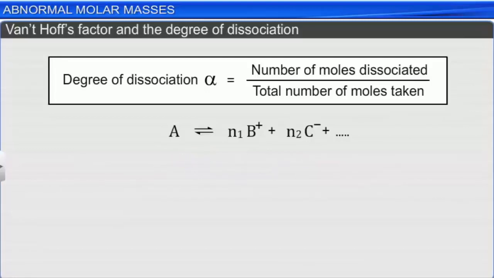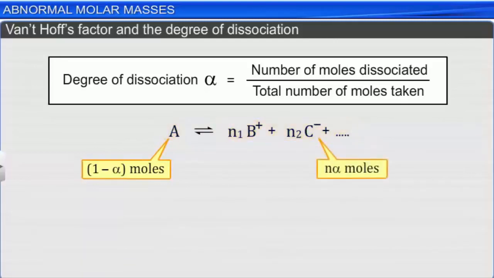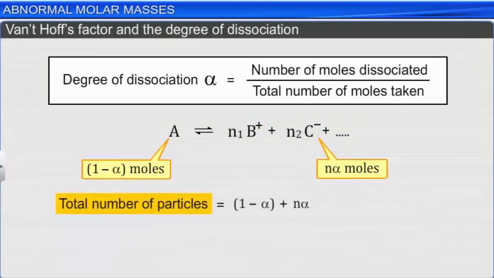If we start with 1 mole of the solute at equilibrium, we have 1 minus alpha moles of the undissociated molecules and n alpha moles of the ions. Thus, the total number of particles present at equilibrium is equal to 1 minus alpha plus n alpha, or 1 plus (n minus 1) alpha.